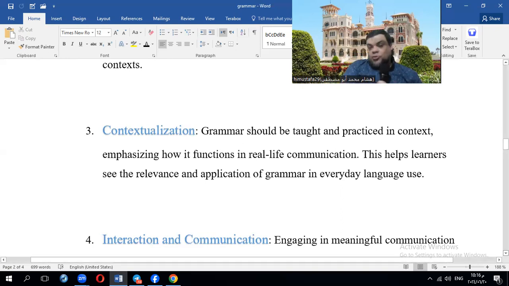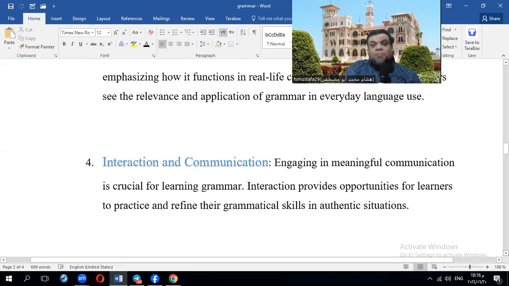Interaction and communication. Yes, when we teach grammar, engaging in meaningful communication is crucial for learning grammar. So grammar should not be a set of rules or teaching grammar through exercises of grammar only.